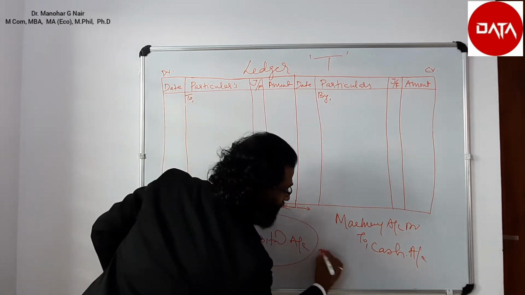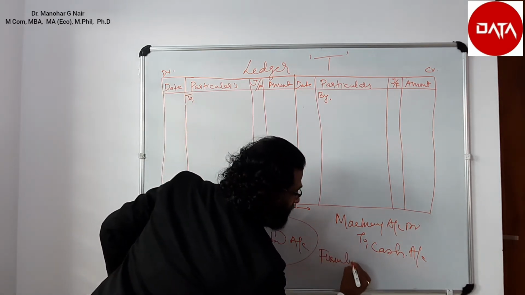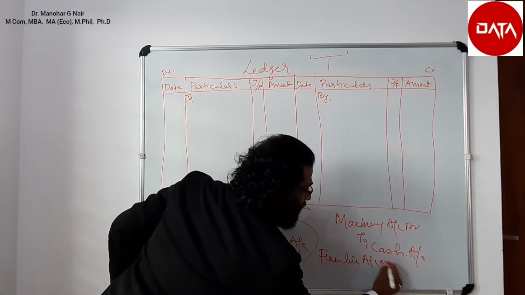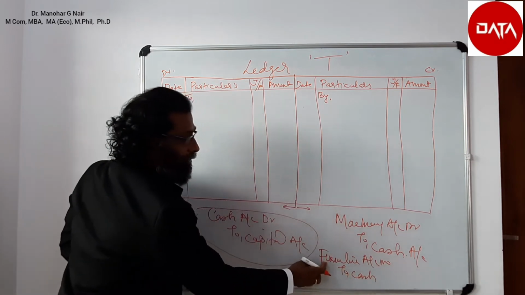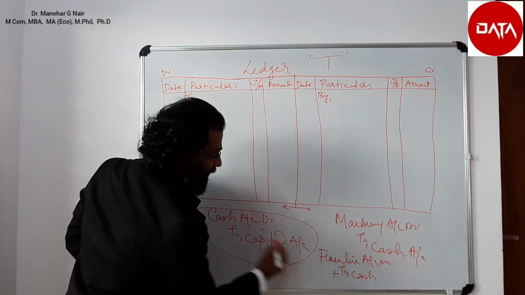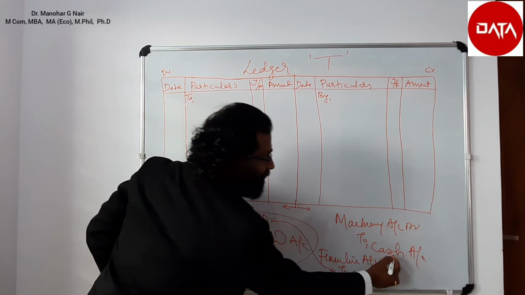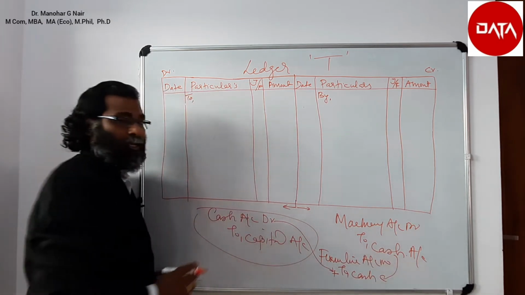Another, for example, furniture account debtor to cash. Then we have to open another account, the furniture account, because the cash account we already opened. So we can use the same one for entering the cash.